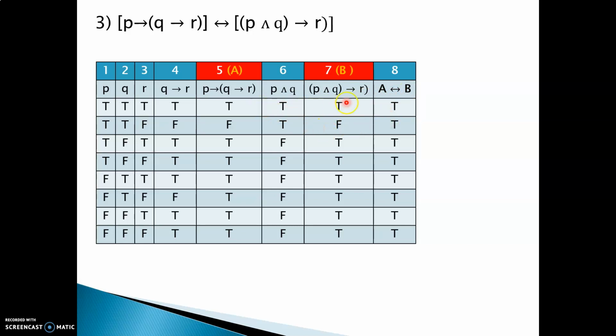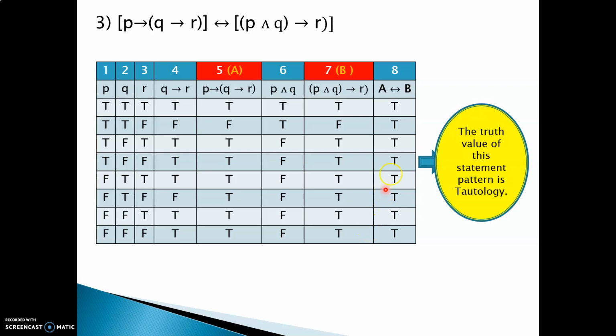So true if and only if true is true, false if and only if false is true, true if and only if true is true, etc. You will do. Then we will finish this like this. So here in this one, all the values in the last column are true, so it is a tautology.